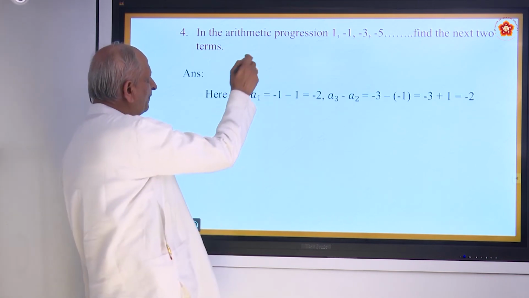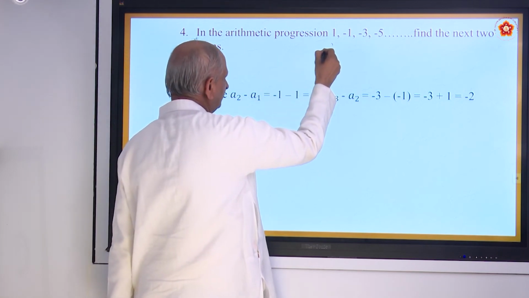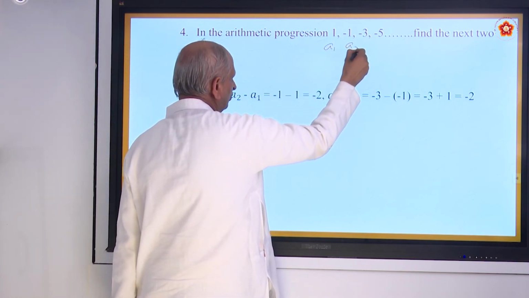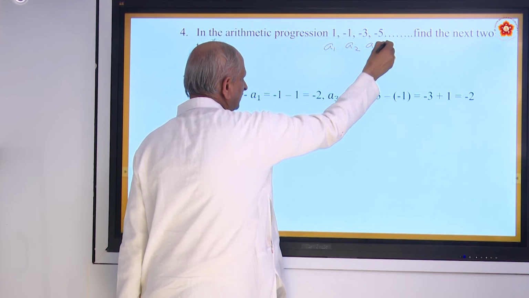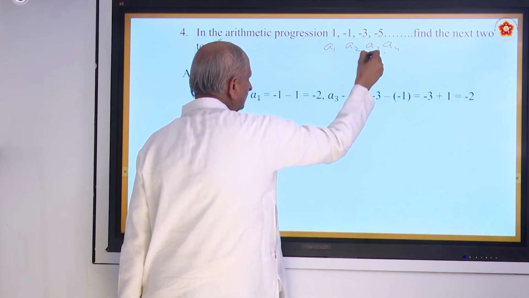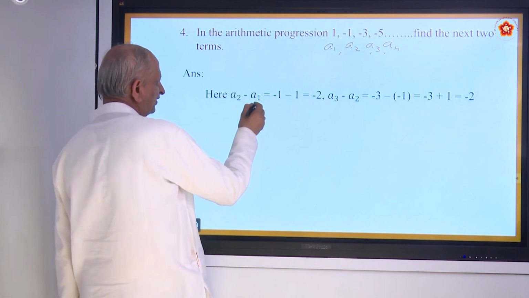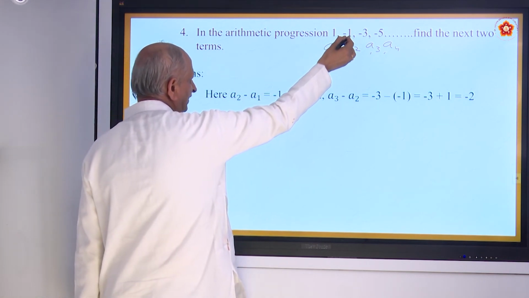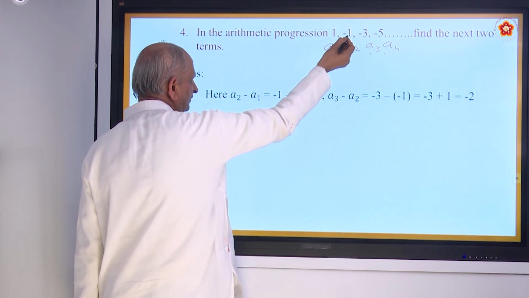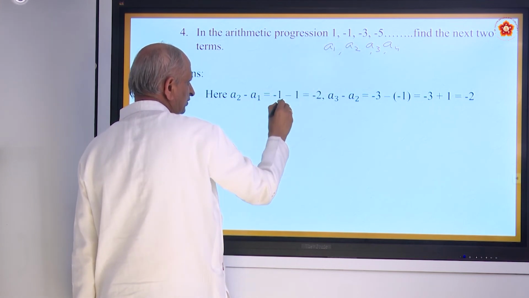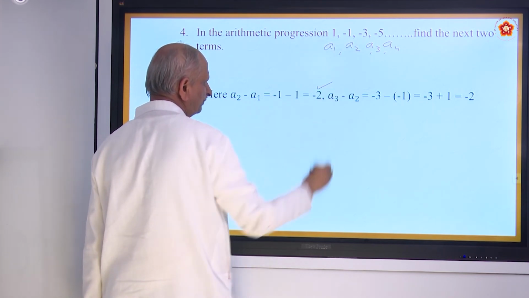Here A2 minus A1, we call these A1, A2, A3, A4 and so on. It is called a series. A2 minus A1 becomes minus 1 minus 1, so minus 2.